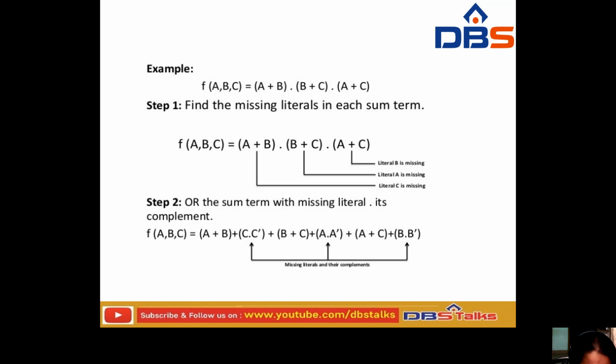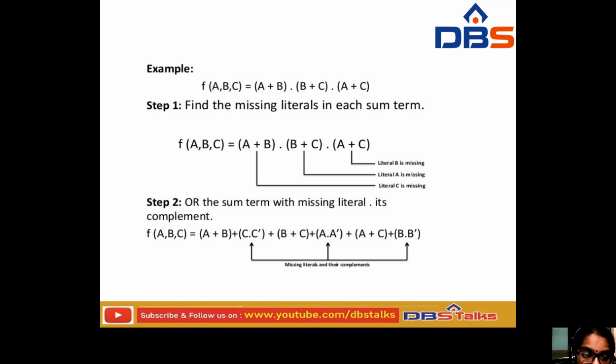See, if you observe step 1, what happened here? In the first step, we have to find the missing literals in each sum term, and next we add the term with that missing literal.